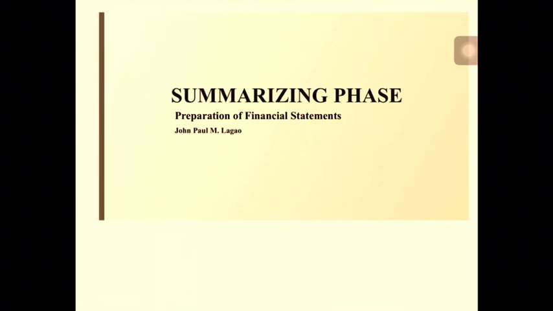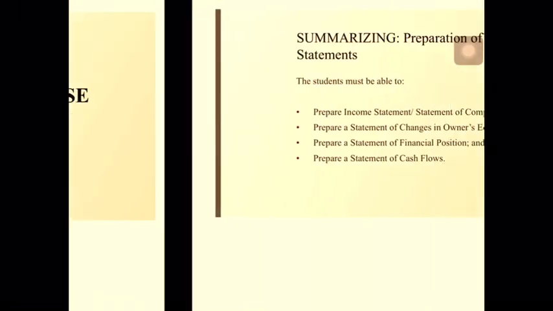In this first part of our lecture, I will be discussing your summarizing phase first. Therefore, you will be taught how to prepare the various types of financial reports or financial statements.